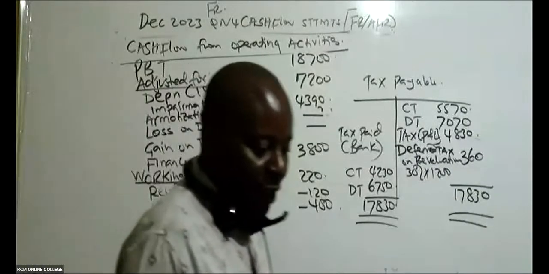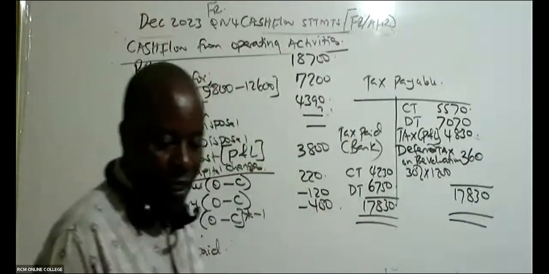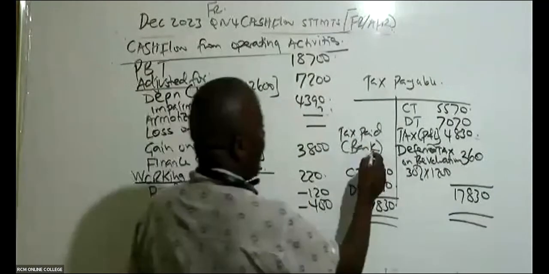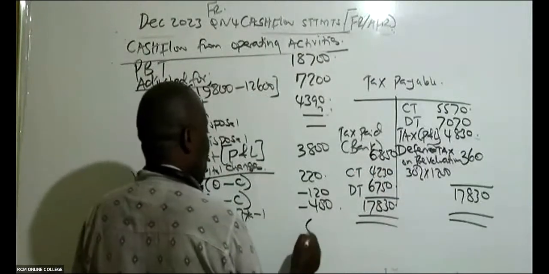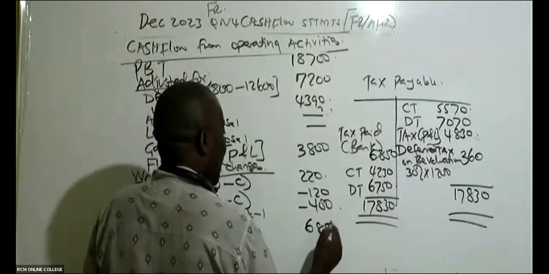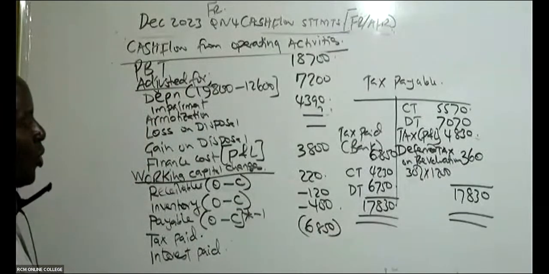They are getting a figure of 6850. It's tax paid, so of course it will be negative. You put this in brackets or negative.